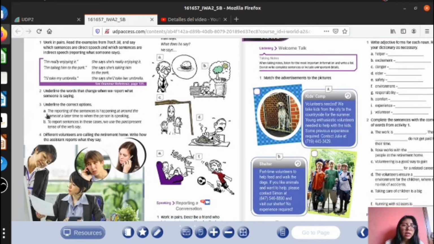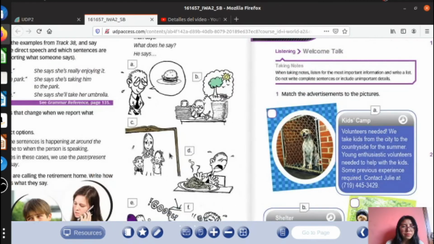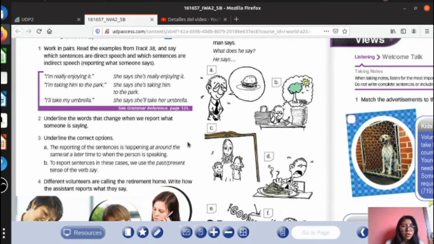Okay, in number 3, underline the correct options. Okay, in this exercise you have the rules and you have to underline the better response. For example, the reporting of the sentence is happening around the same time or at a later time when the person is speaking.